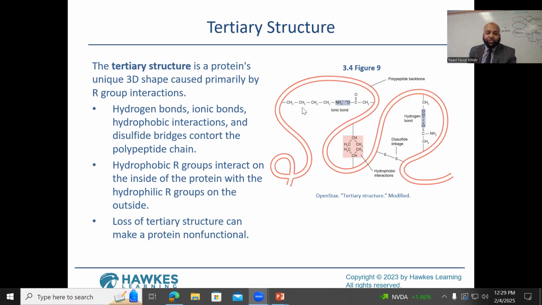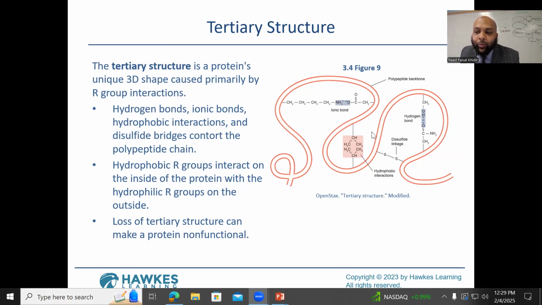That's the tertiary structure. They contort the polypeptide chain. The hydrophobic R groups interact on the inside of the protein with the hydrophilic R groups on the outside. A loss of tertiary structure can make a protein non-functional.